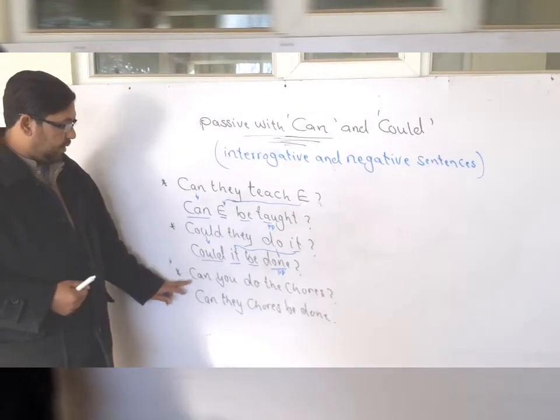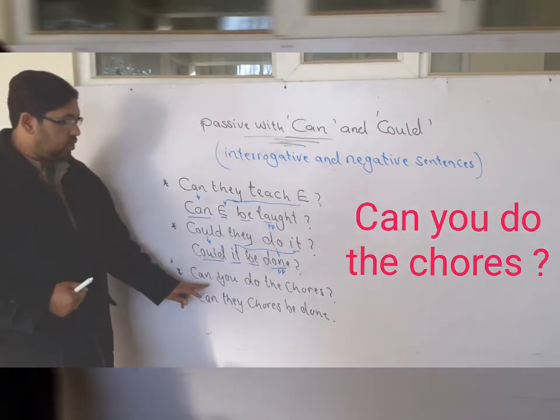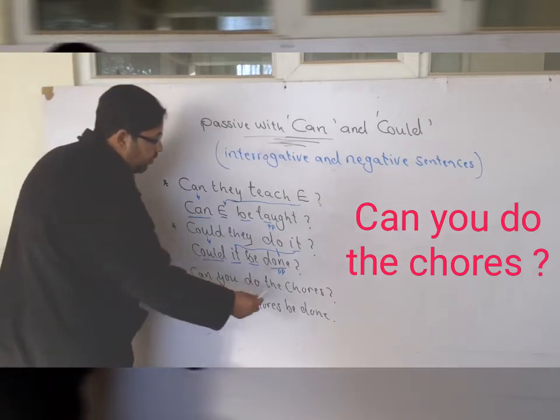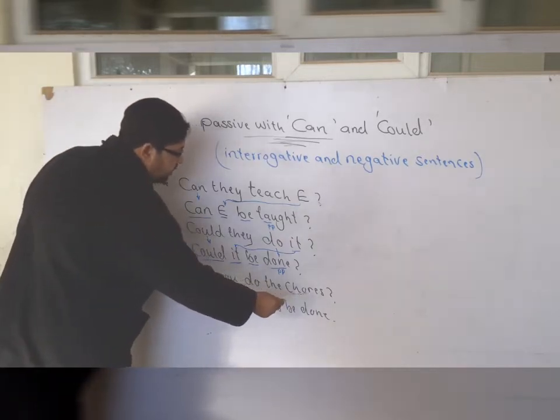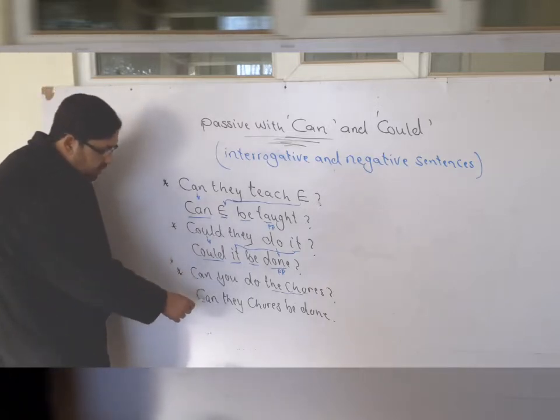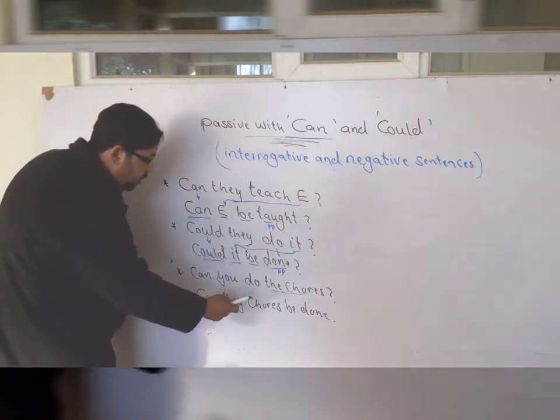The third example, can you do the chores? Here we should first find the object. See, the chores is the object of the sentence. We do not change the place of can. Can they do the chores? Can the chores be done?